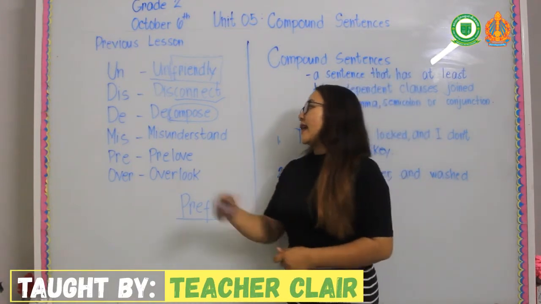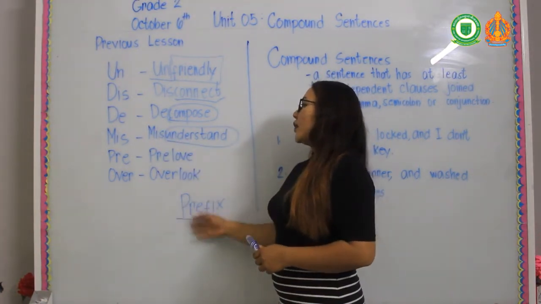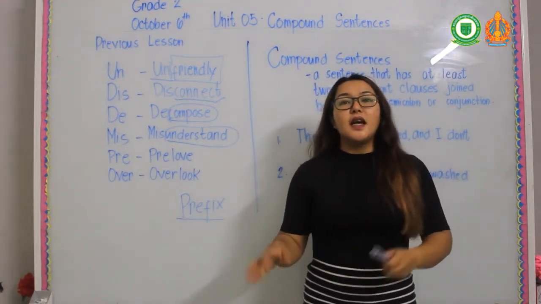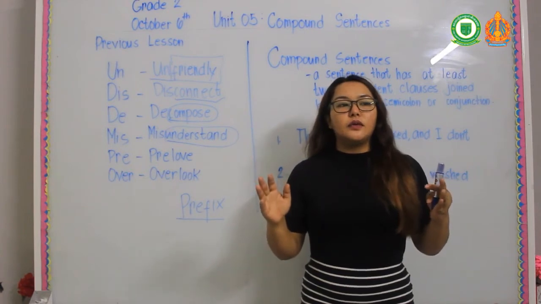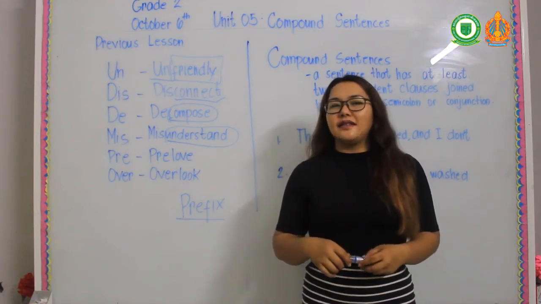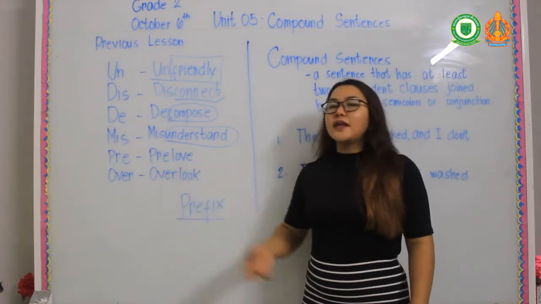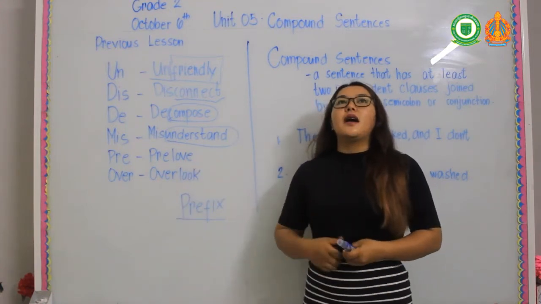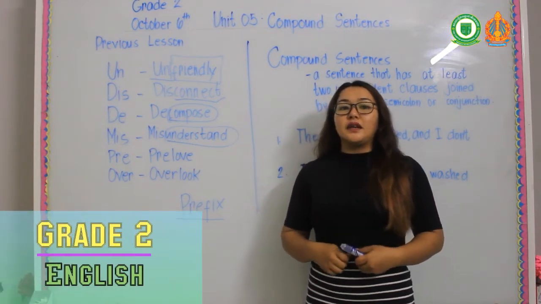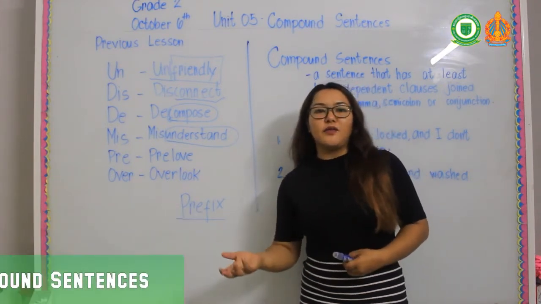Okay? Misunderstand. So understand is an easy word, right? Now if you put the prefix mis, it will change the meaning of the word understand. Understand meaning you finally get it, but when you say misunderstand, oh, I don't understand. So don't understand. Okay? Preload. Preload something. For example, this clothes, if I'm going to sell it, this clothes will already be called preloved, meaning I used it before, I loved this shirt before, now I'm giving it to someone.